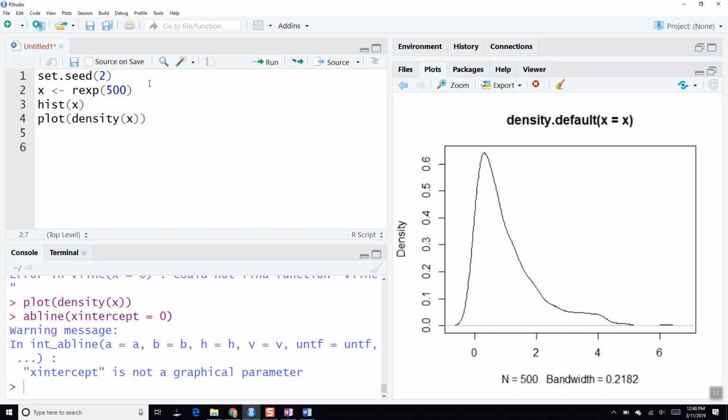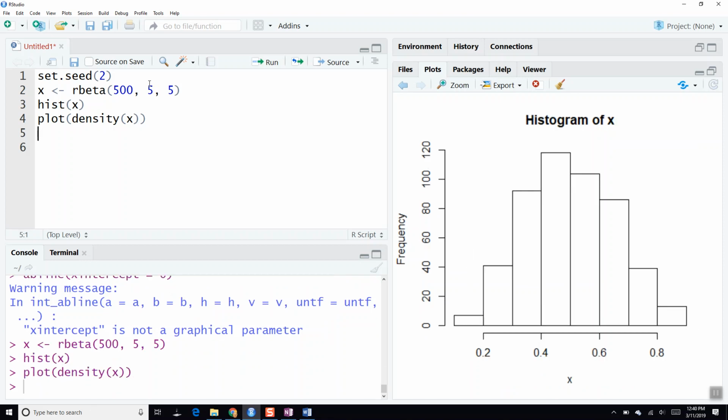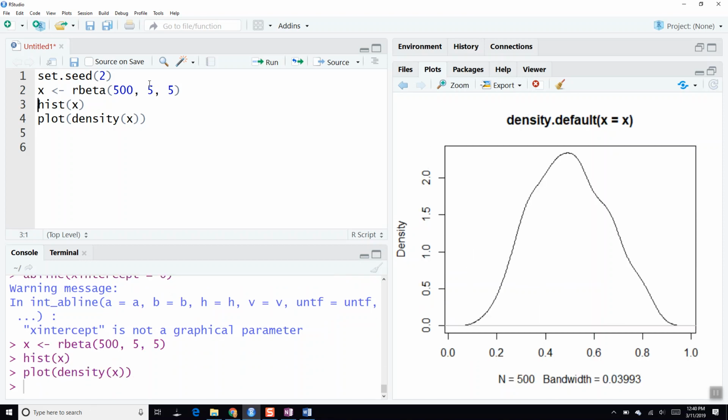Okay. All right, so you have the exponential distribution and things like this. What else is continuous? Oh, okay, so you have rbeta. Let's specify. So here's your beta distribution, and that looks decent.